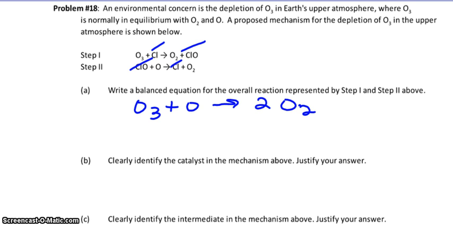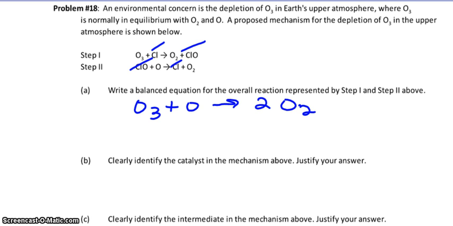So here's your overall reaction: ozone bumps into another oxygen atom, a free radical, and it makes two oxygen diatomic molecules. This is a depletion of ozone. If we can eliminate that chlorine in the atmosphere, we can preserve our ozone and hopefully protect ourselves from the UV radiation getting too bad.